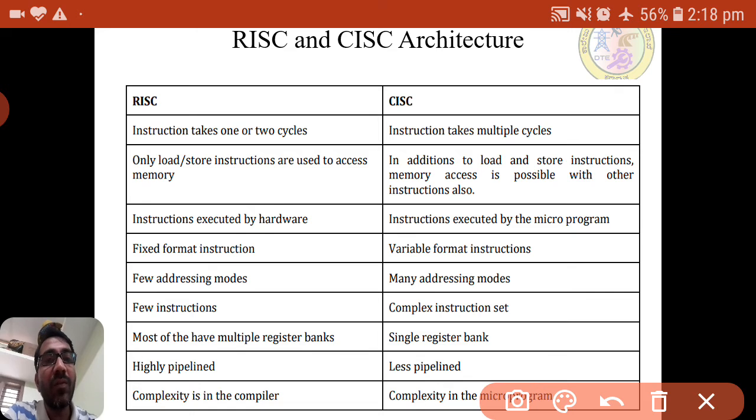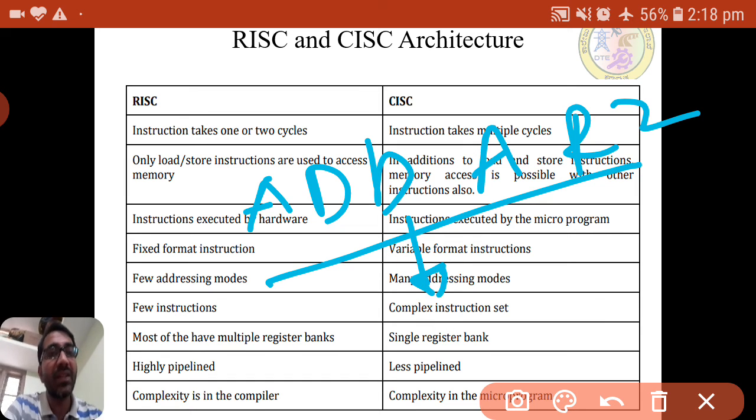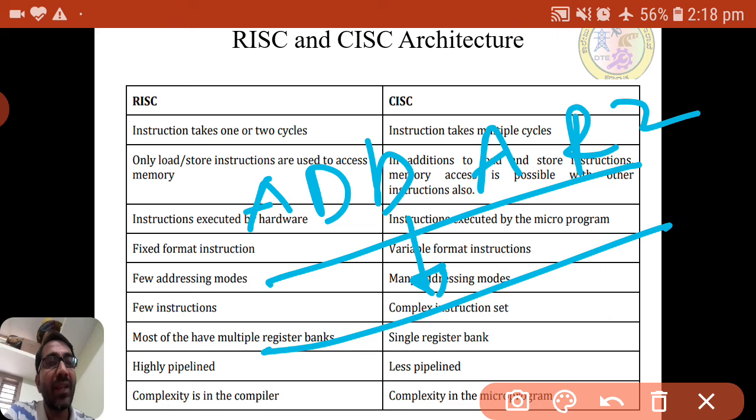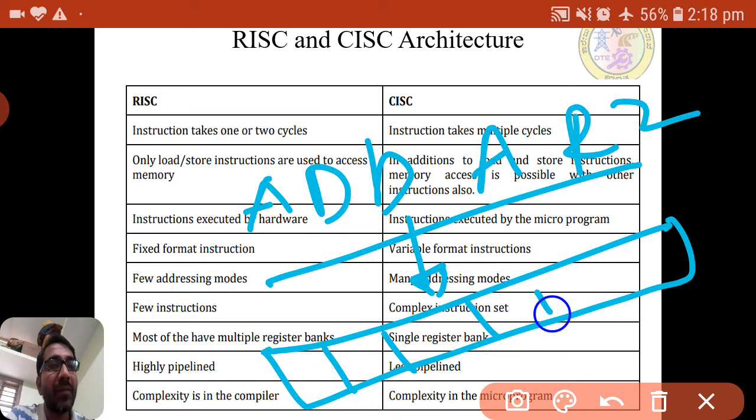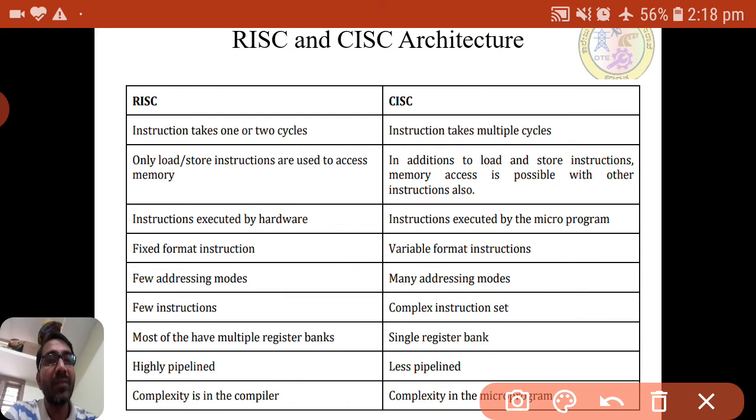We are talking about ADD A, R2. This is an assembly level instruction, and finally it is converted into binary format. This binary format is fixed in the RISC architecture, and it is variable with respect to the instruction in the CISC architecture. That is the meaning of that.